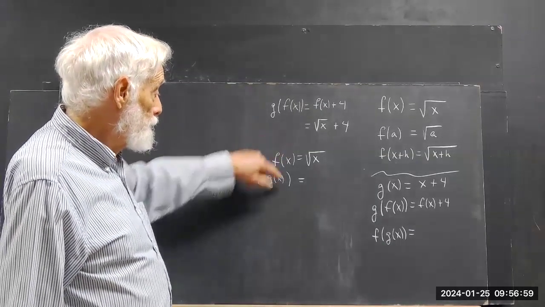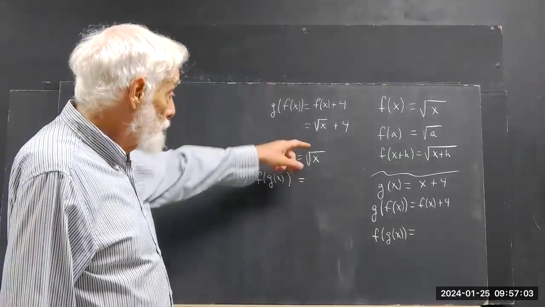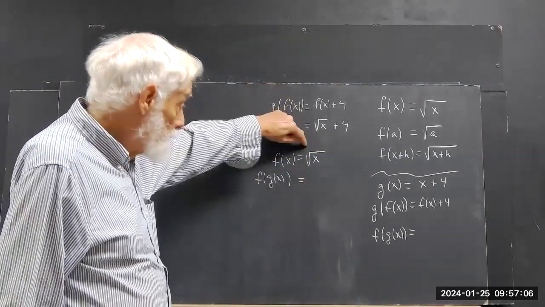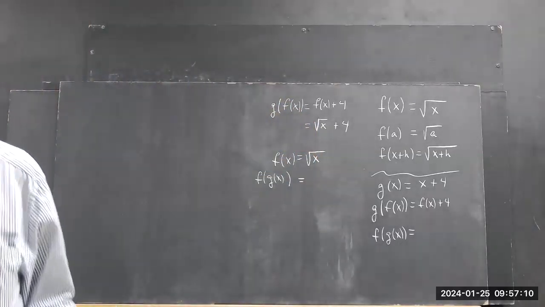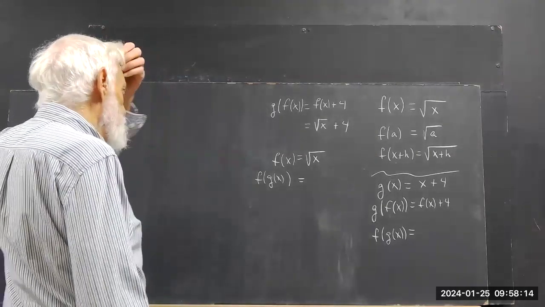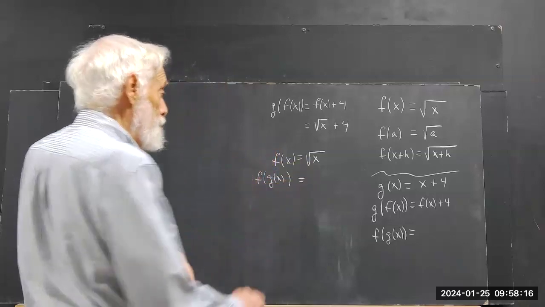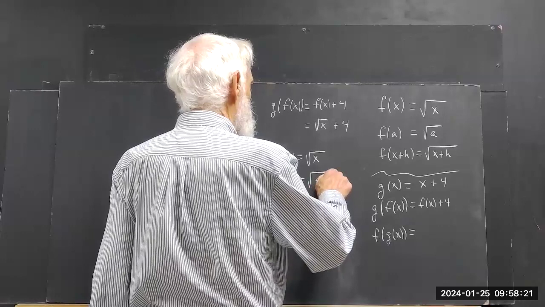We've replaced x by g of x, haven't we? So right below this, write this expression, replacing x with g of x. Okay, so if we do that, people seem to have gotten that correct, you're going to get the square root of g of x.